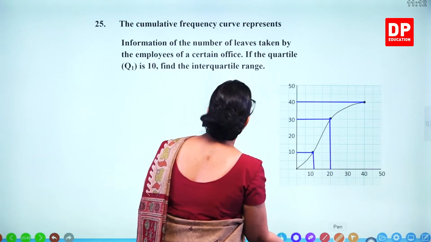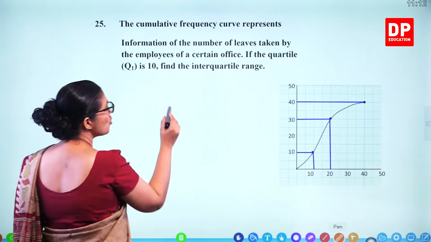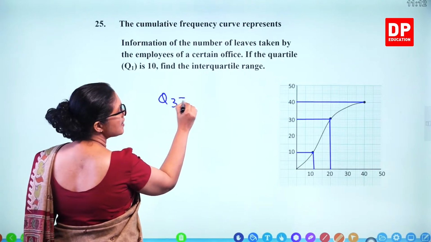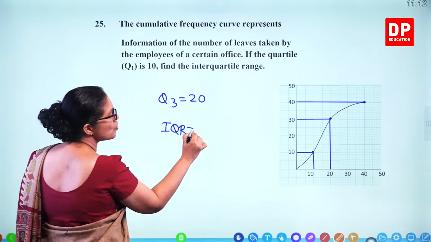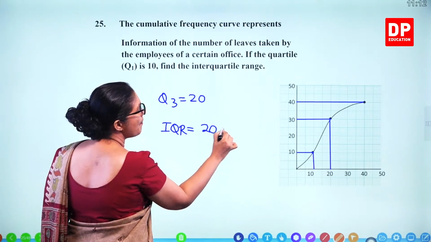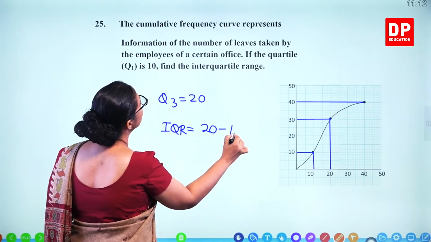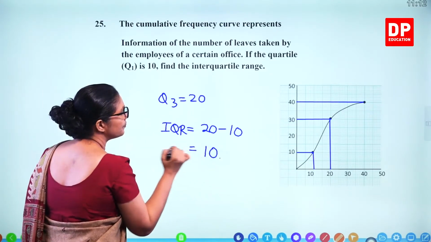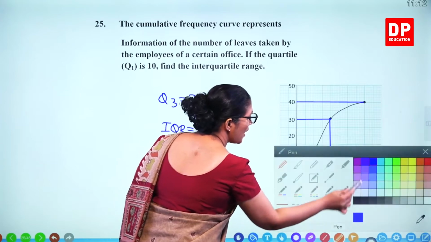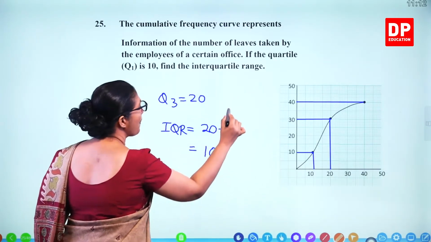So you need to find out the interquartile range. So Q3 we can say 20. So the interquartile range is equal to Q3 minus Q1. That's 10. So you get 2 marks for that.